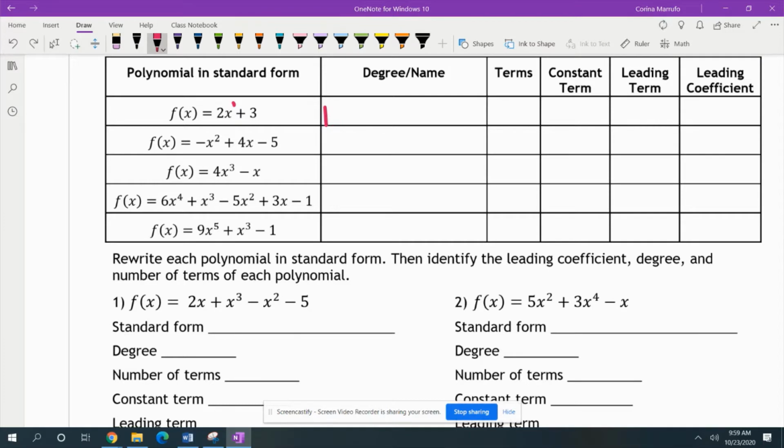And so the name of this, whenever it's a first degree, is a linear function. Linear. The number of terms that this one has is 2. The constant term, which is the number that's by itself, is 3. The leading term is the 2x, which is in the front. And then the leading coefficient is the number in the front, which is a 2.